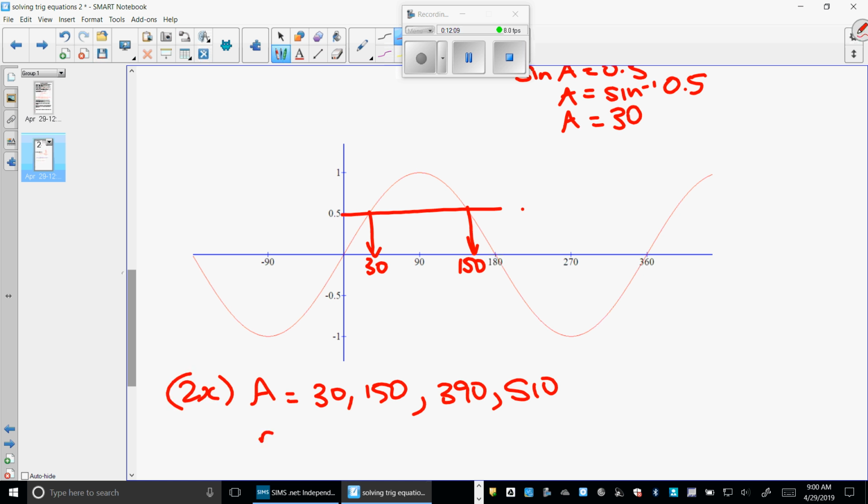So to find x, we're going to divide them all by 2. So that's 15, and 75. Is that right? No, it's not. 195. Half of 390.